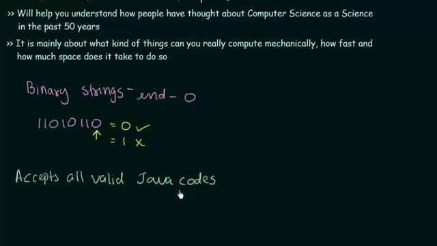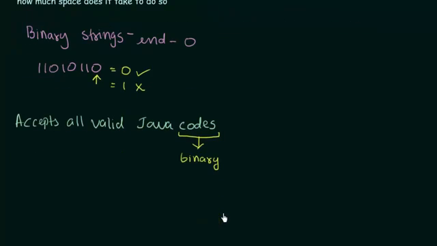It should check the binary equivalent of the code I write in Java, and from this binary equivalent it should tell whether it came from a valid piece of Java code or an invalid one.